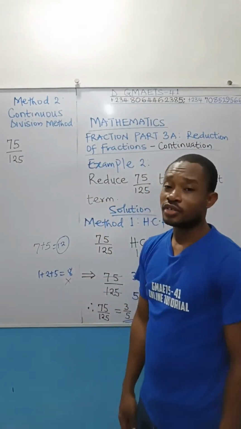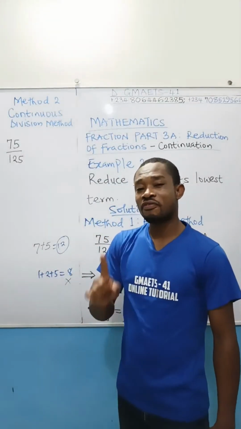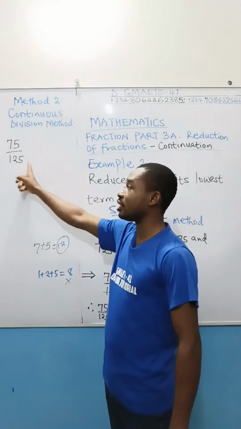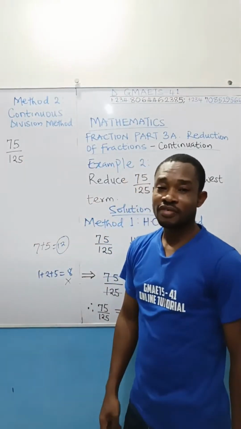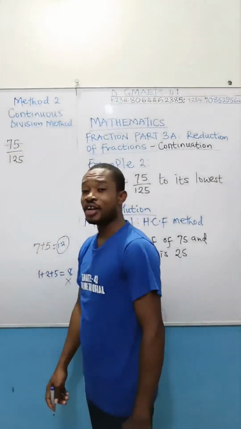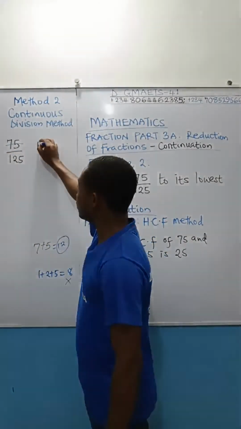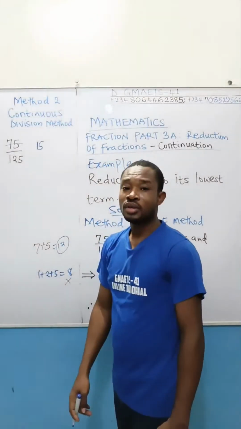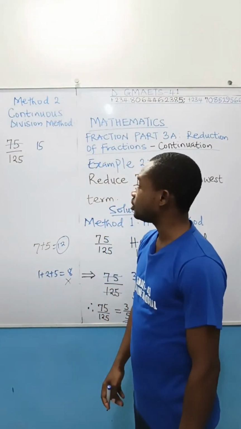3 cannot do that. 4 cannot do that. In fact, the first smallest number that can divide both of them is 5. So I'm going to use 5. If 5 divides 75, I am going to get 15. I'm going to get what? 15.